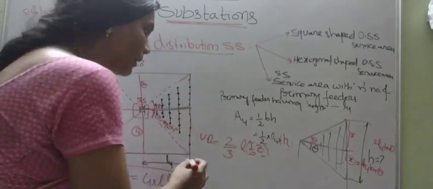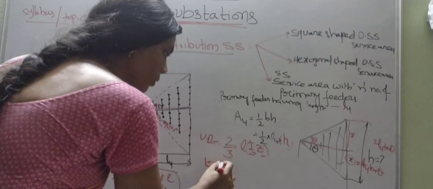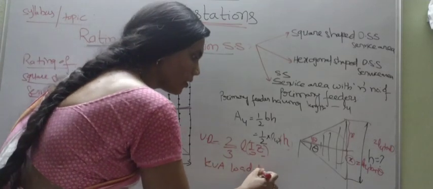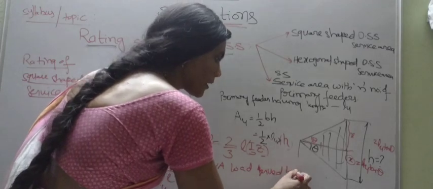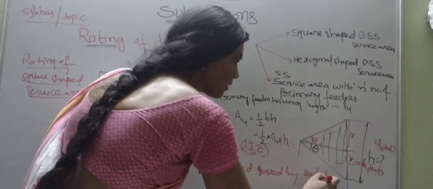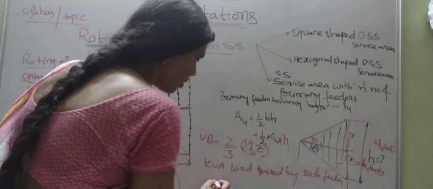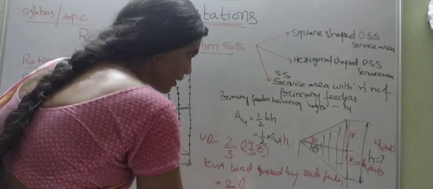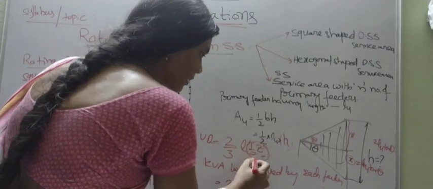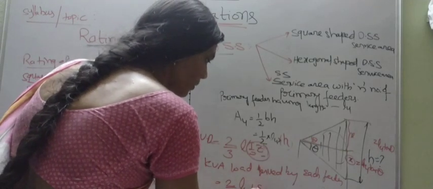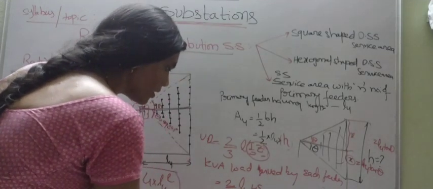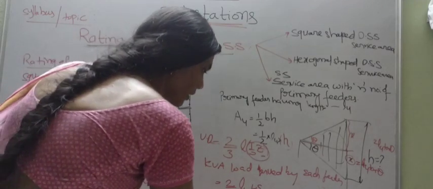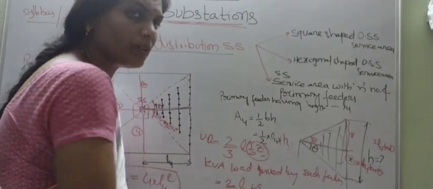Now the KVA, that is the load served by each feeder, is equal to 2/3 L4, where instead of current you can have K into S4. We know S4 is the load, and load is equal to A4 into D, area into density.